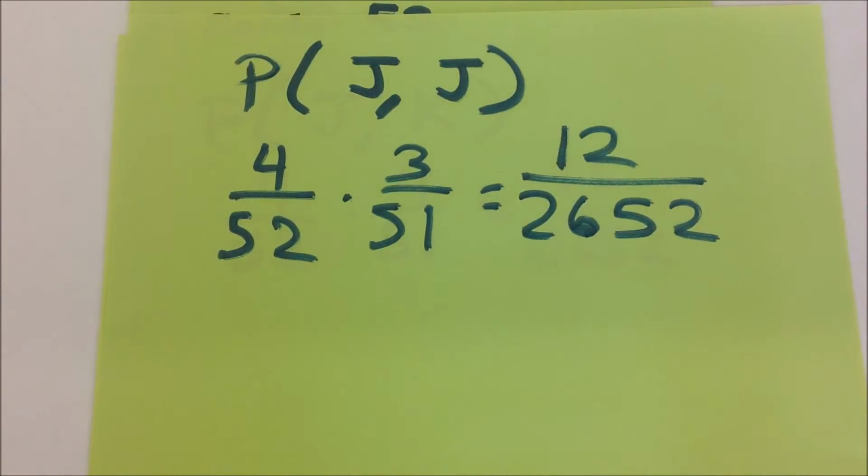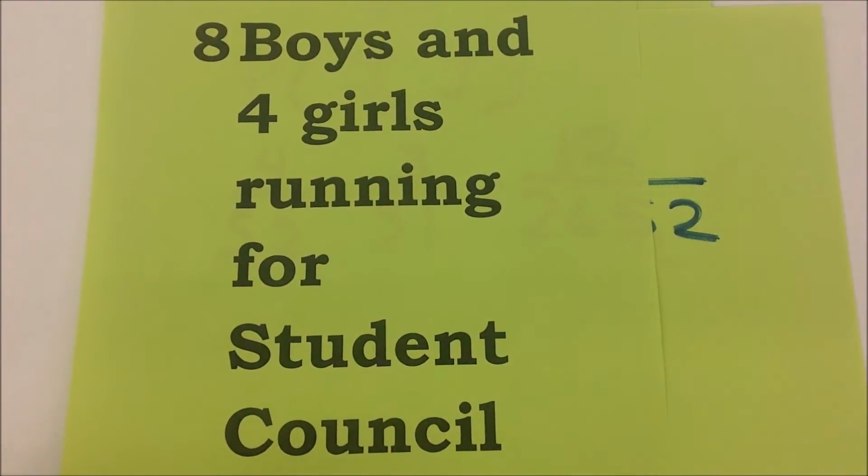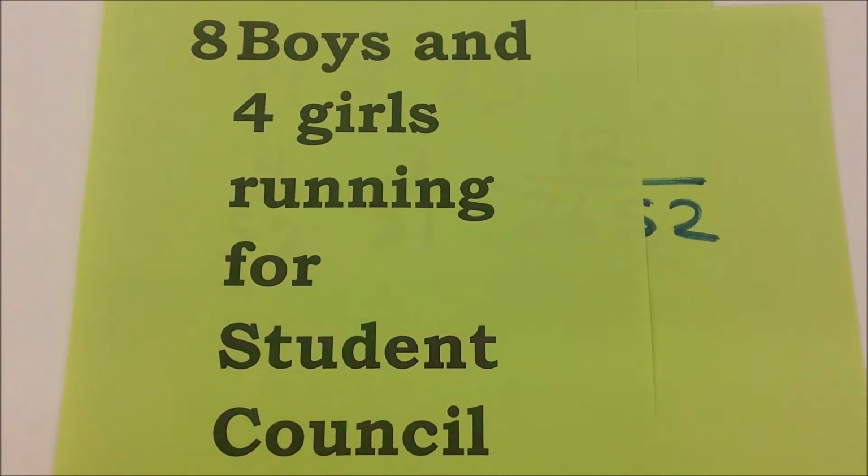Now here's a question that we had in the homework. Let's say we had these people running for student council, 8 boys and 4 girls. They're running for student council. Let's say I wanted to know what's the probability of picking 2 boys. Or we should say the probability that 2 boys are elected. Okay, so let's write this out.